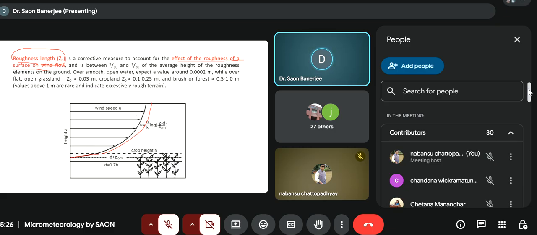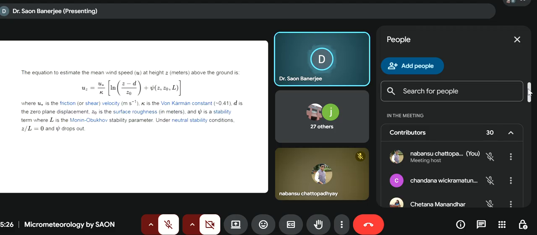So whenever you have to calculate wind speed at a particular height, you have to use this equation: U star, that is the friction or shear velocity, divided by von Karman's constant K, times ln of Z minus D by Z naught.